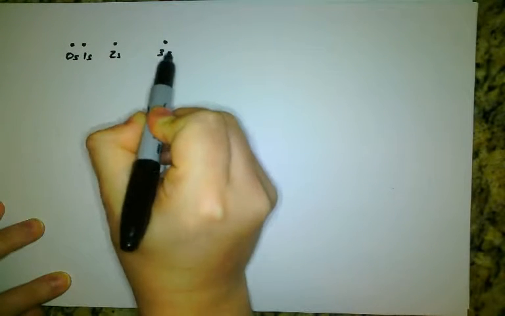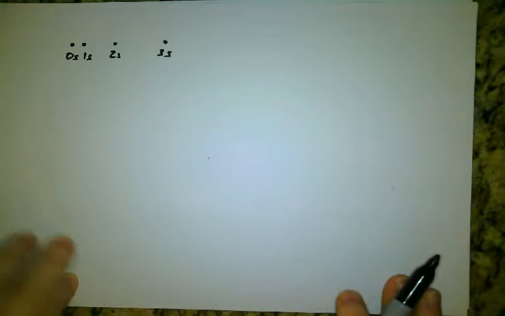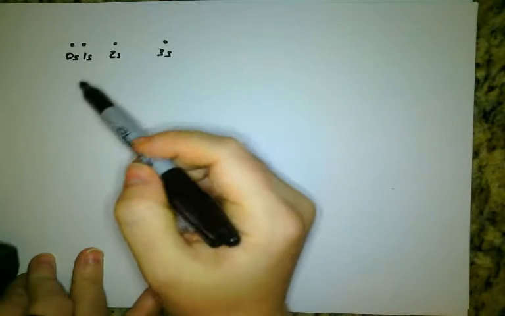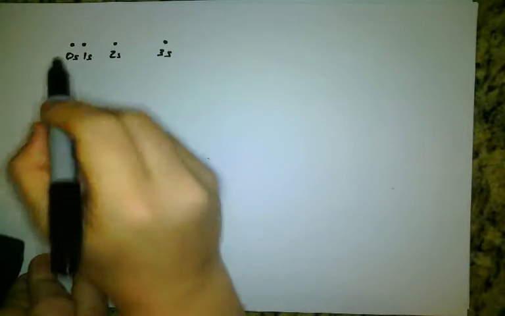So for example, if you have something and you're taking a picture of it every second and its spacings are increasing, so this is 0 seconds, 1 second, 2 second, 3 second. By the way, what I'm drawing here are dot diagrams, and they're showing you where the object is at equal time intervals.